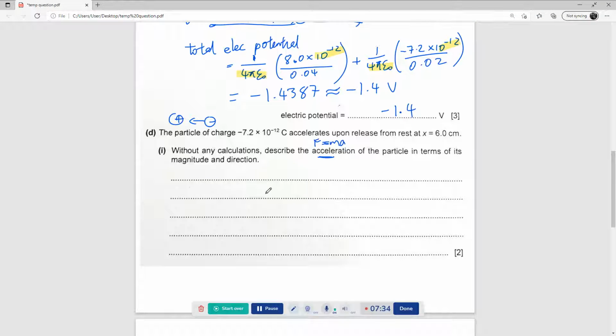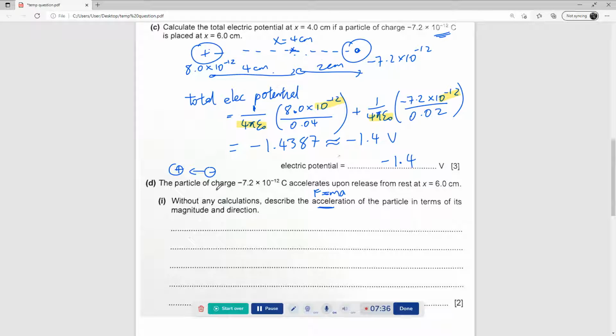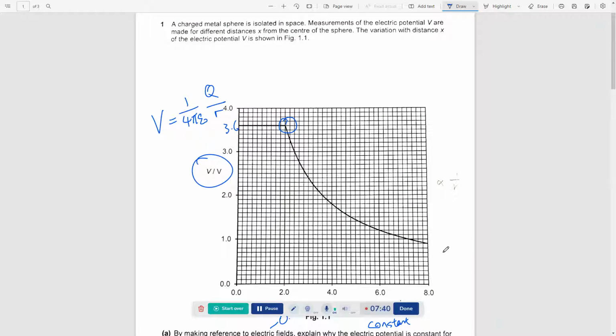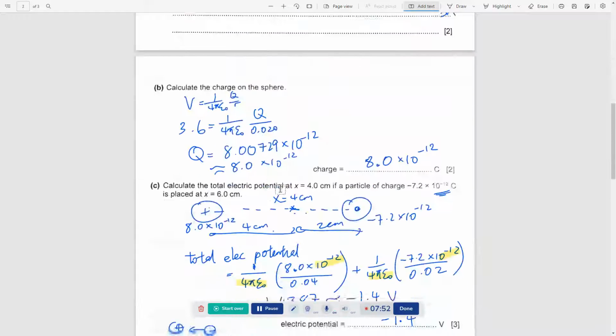So how I would write this will be, you can see that it will be based on the force, and because it's an attractive force, you'll go from 6 cm towards 2 cm, towards x equals 0, and the force will only increase because the E field here is increasing.